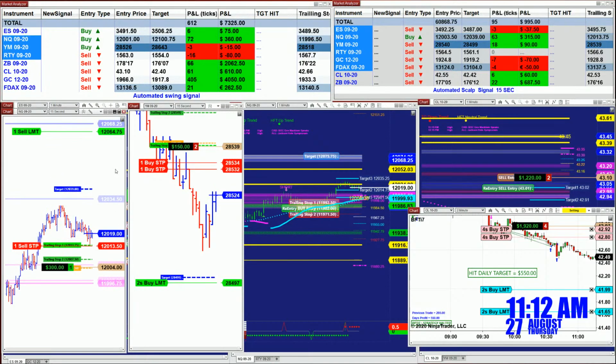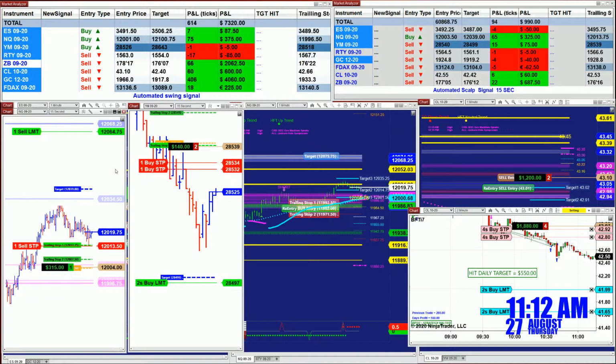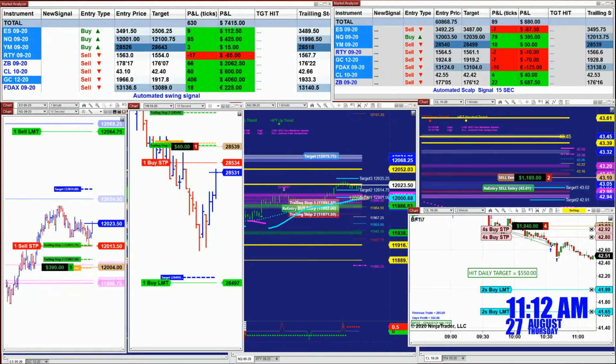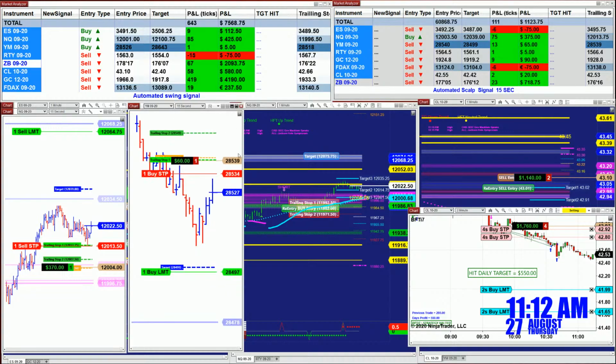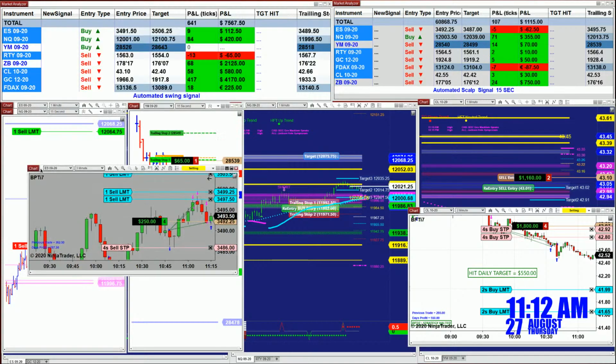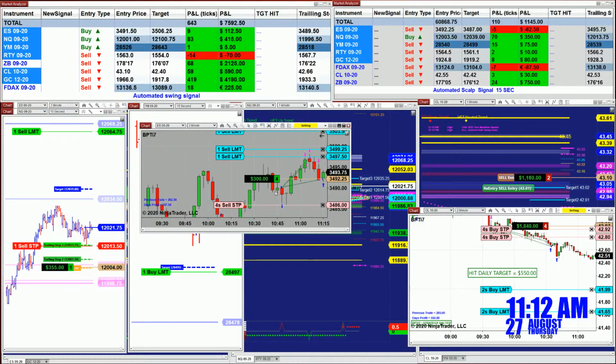We'll see what else we have. This new trade on the ES now is up to 300.